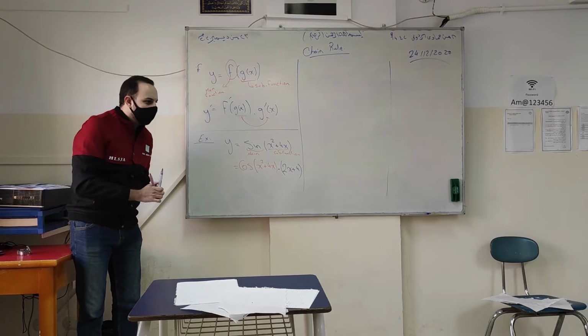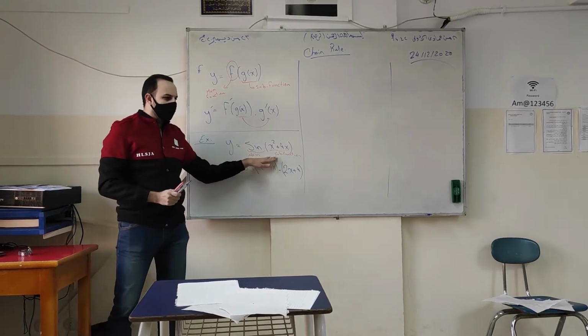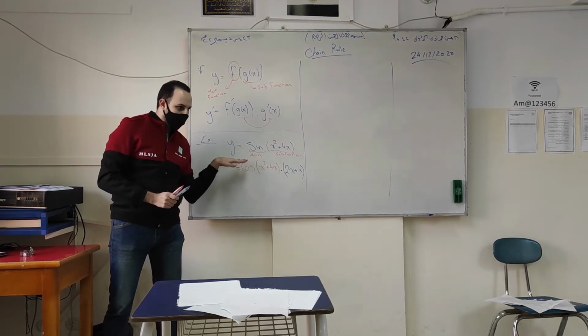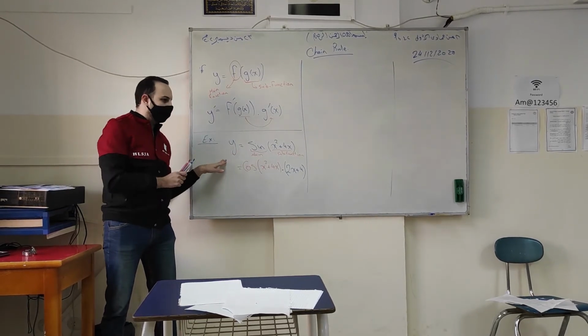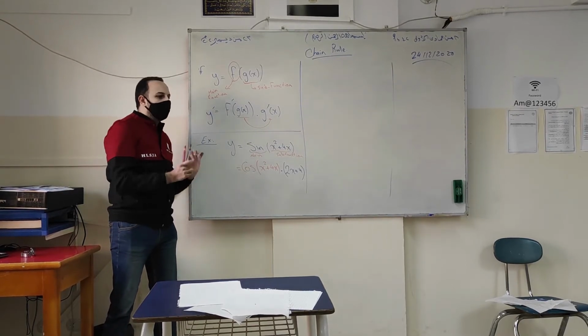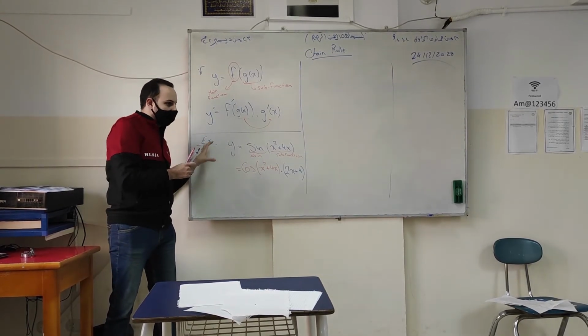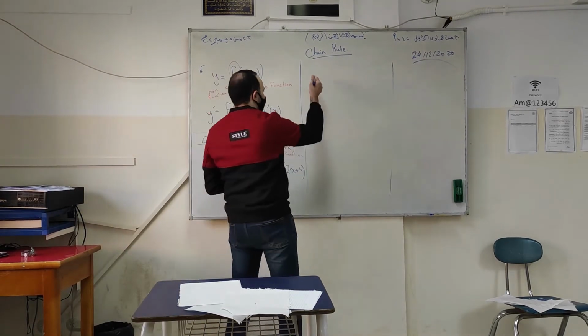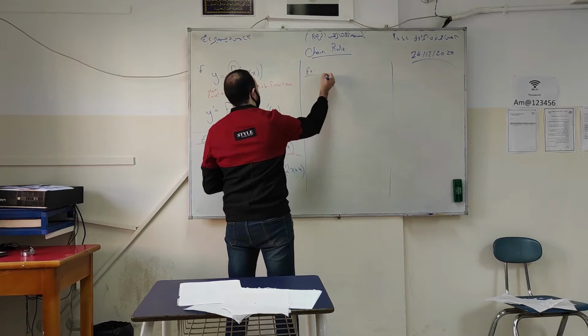Okay? But what's the idea? Here it's clear that I have a main function and a subfunction. It's very obvious. You can observe it once you see it. The main difficulty in the chain rule is to identify whether I have a function and subfunction or I don't. Let's say another example that's not very obvious.